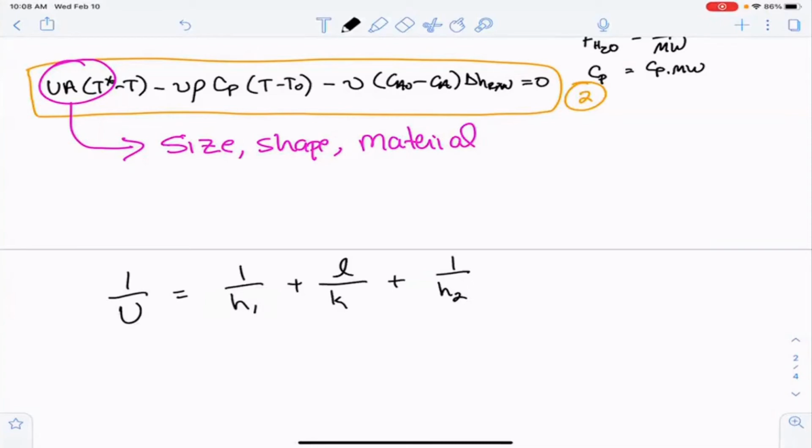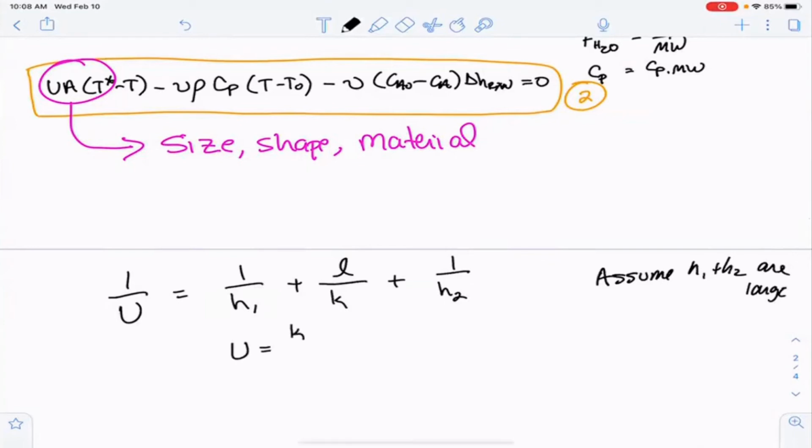Now, oftentimes we assume that H1 and H2 are very large. And when that's the case, this simplifies very nicely, and we just get that U is equal to K over the length, where K is basically the heat transfer coefficient, and L is the thickness that we're looking at.